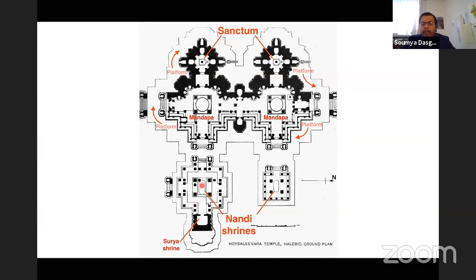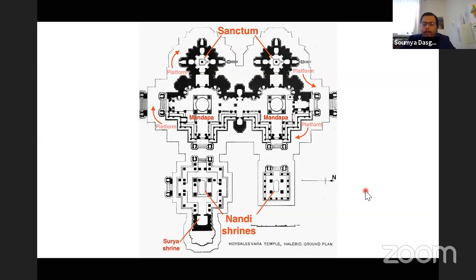The Nandi shrine is a repeating element that we will see in many South Indian temples. If you read further, you will find that Nandi is a vahana, kind of like a pet, not a pet exactly, but a very important part. You'll find Nandi shrines all over Indian temples, and they mostly face the main shrine, right?